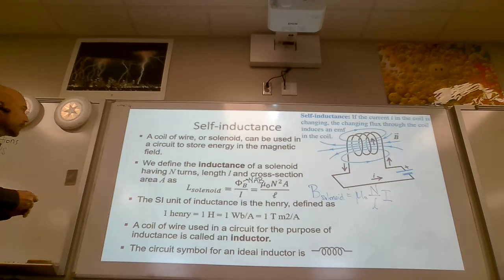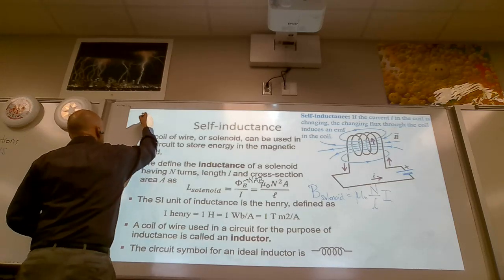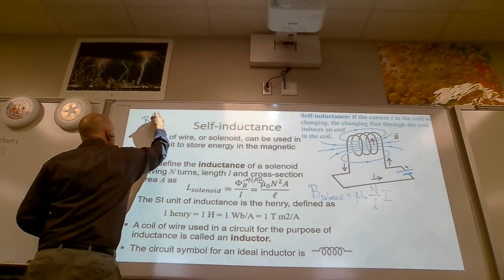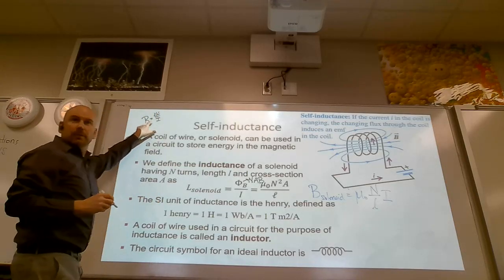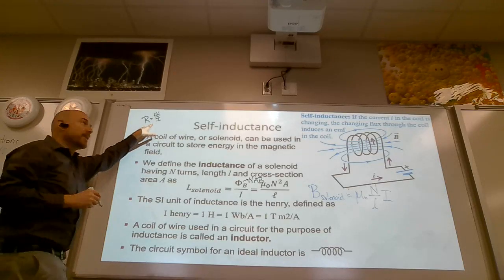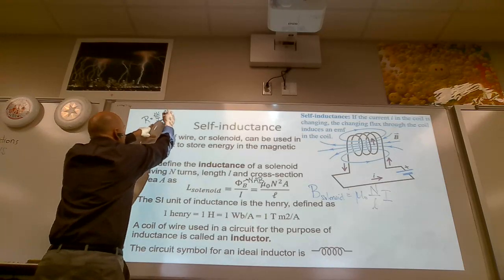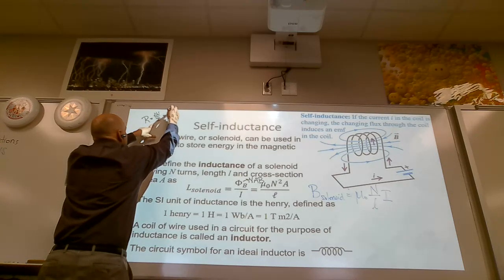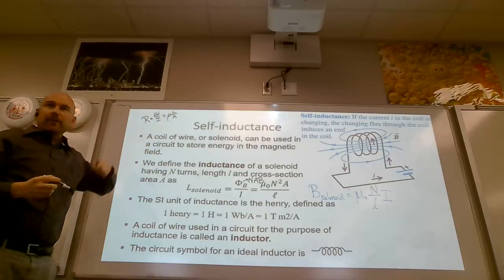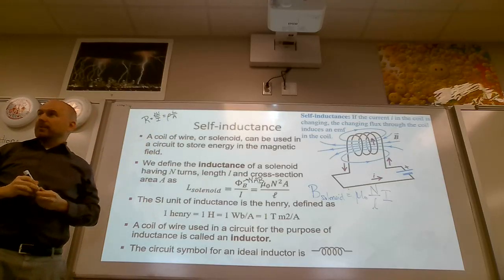Just like a resistor, resistance is equal to voltage over current. That's measurable in a circuit. We can measure that stuff, so that's experimental. But there's geometry with resistivity times length over area. That's how you'd find resistance from the geometry.